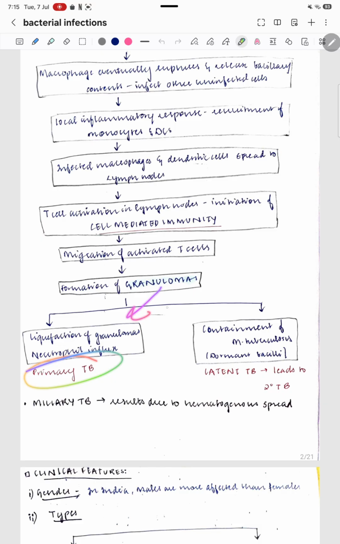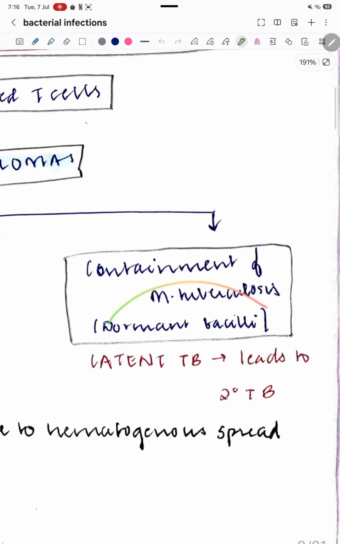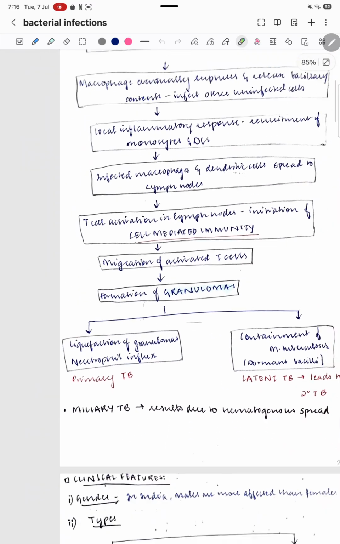The granuloma undergoes liquefaction, which further spreads, or the containment of M. tuberculosis occurs, where the contaminated cells go into a dormant stage, that is the dormant bacilli or latent TB, which then leads to secondary TB.